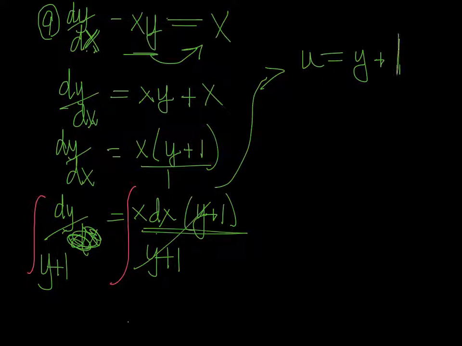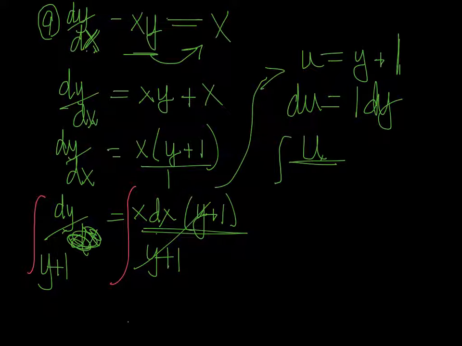I would have my du be 1 dy. So then that way on the left-hand side, what I'm really doing is I'm integrating, what have I got there? 1 over u du. Okay? And then on the right-hand side, I am integrating x dx.